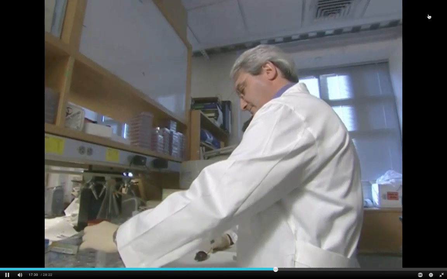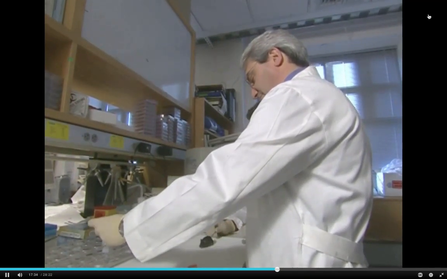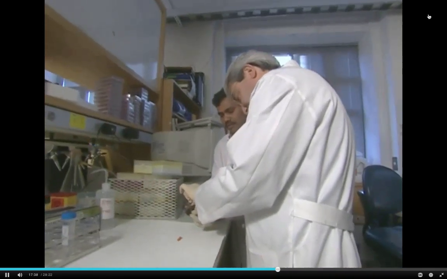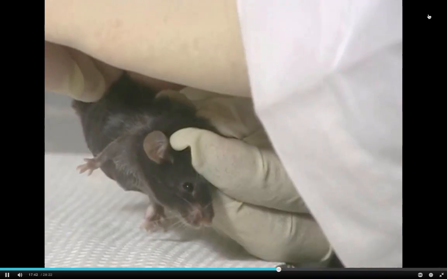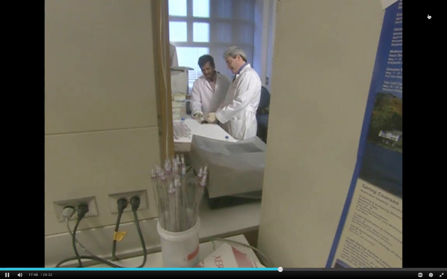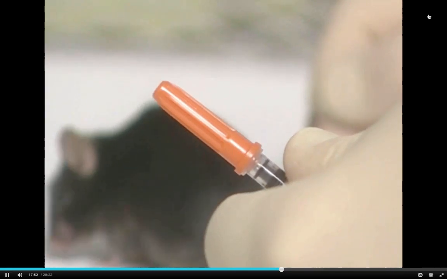But because the cell would also leak out antigen, then the B cells would see that antigen and be able to make antibodies. And because the leaked antigen would also stimulate helper T cells, you would get basically all three components of an immune response: the antibodies, the killer T cells, and the helper T cells that are the essence of a live attenuated vaccine without any of the risks of spreading infection.